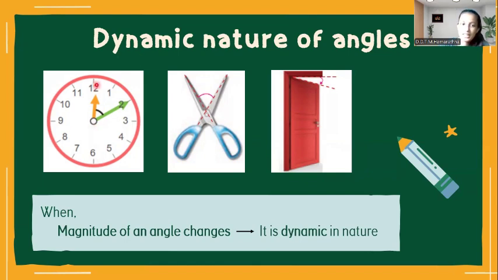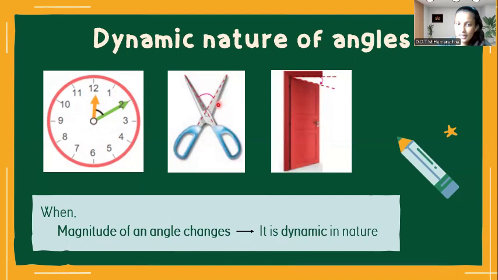See this in the clock also: the angle between the two hands changes with time. When the time of the clock changes, the magnitude of the angle changes.